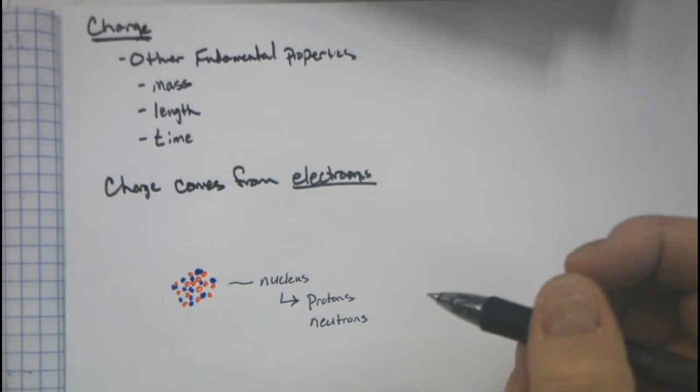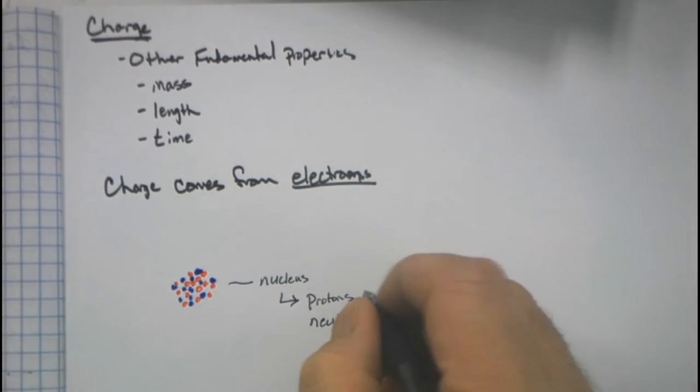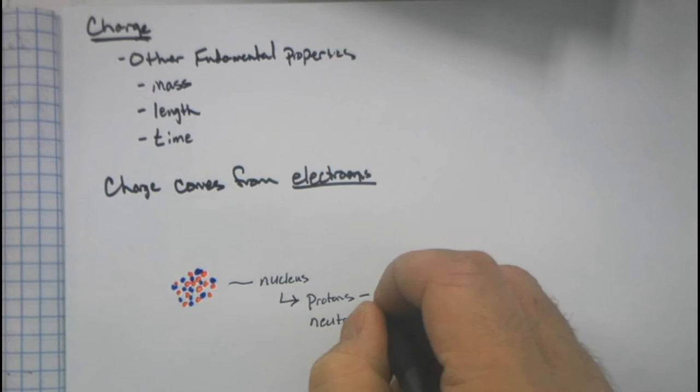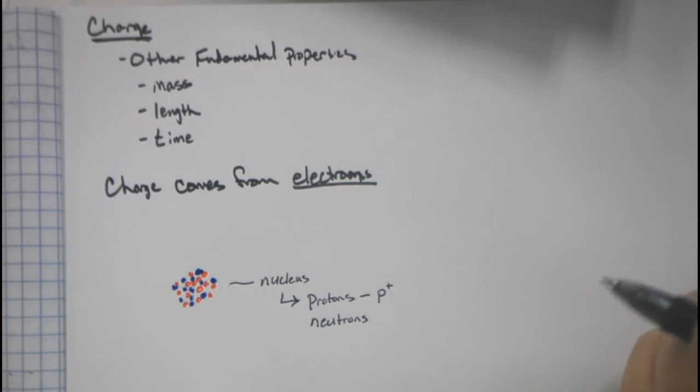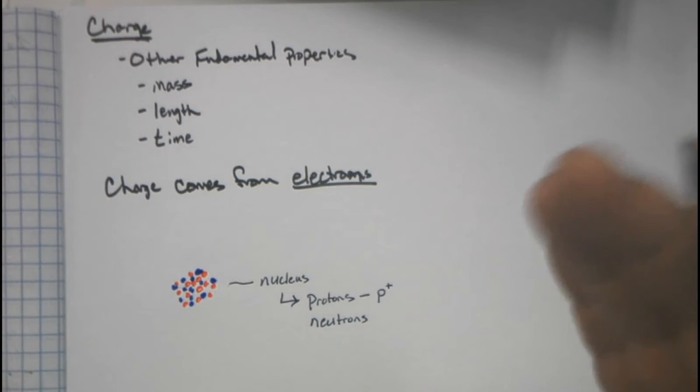The purposes of these we don't necessarily need to get into, except I do need you to know that a proton will have this symbol, a P with a little plus above it, and that plus means that a proton has a positive charge.